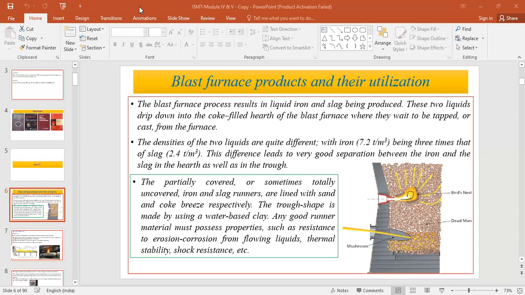And a good runner should have very good resistance to the erosion from the liquid products flowing through, and it should also have resistance to high temperature as well as shock resistance.